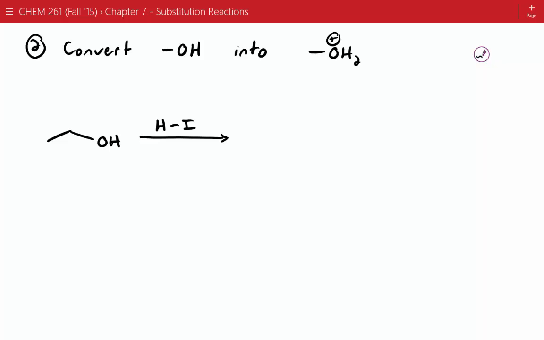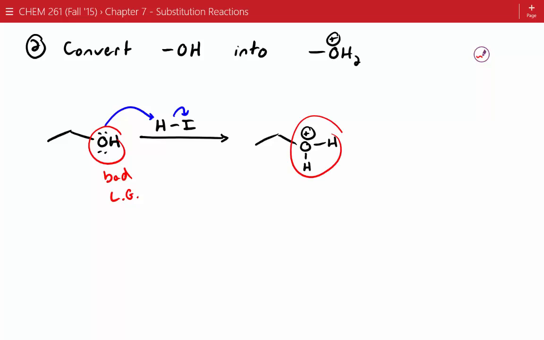So what's going to be gaining the proton in this case? The oxygen. We've got 2 lone pairs on oxygen. So we can draw the oxygen getting protonated, kick off our conjugate base. So we went from what was a bad leaving group to now a good leaving group.